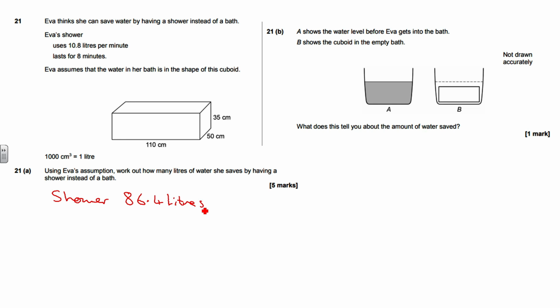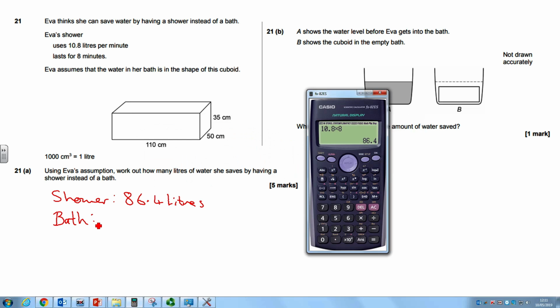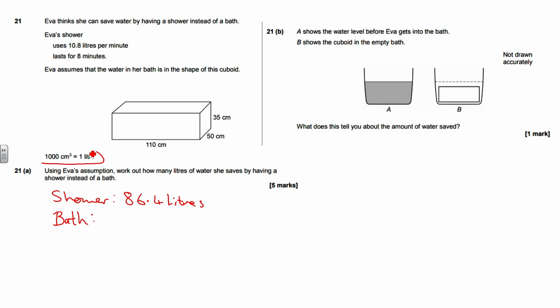So then, the second thing we need to know is the bath. How many litres does a bath use? Well, she's assuming that her bath is in the shape of this cuboid. So we need to work out how many litres are in that cuboid, which is kind of tricky. First of all, we've got this conversion: 1,000 centimetre cubes is 1 litre.